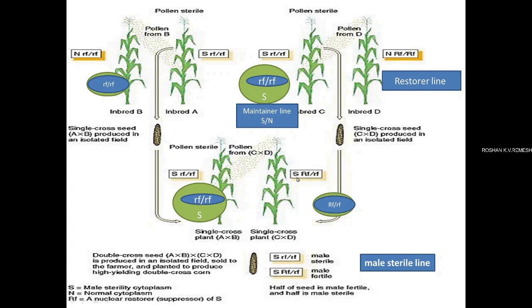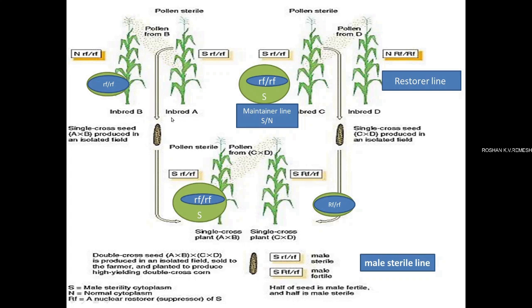So all of the progeny have the sterile cytoplasm. And for the nuclear genes, the small rf is crossing with the capital RF, and again small rf with capital RF. So all of the progeny have a heterozygous RF gene, and the cytoplasmic content is the sterile one.